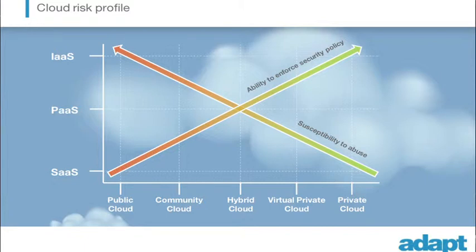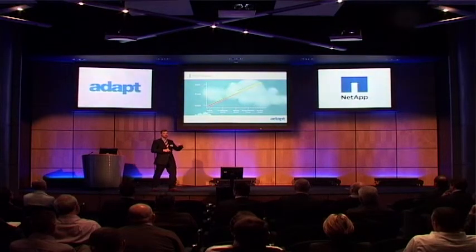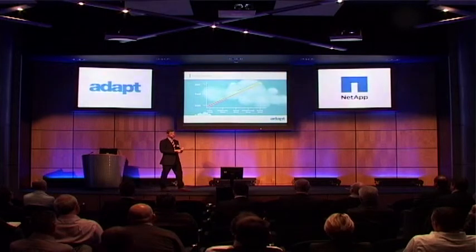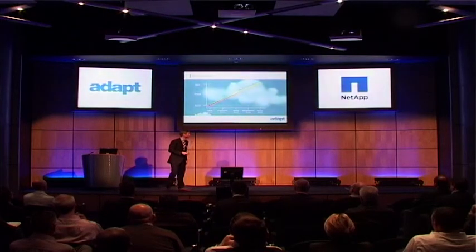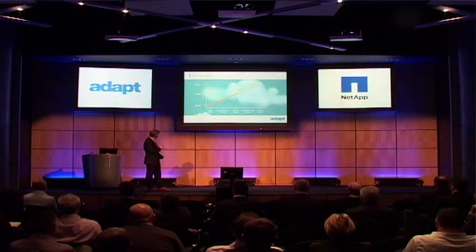Most organizations will have a pretty refined set of requirements which says you are allowed to do X, Y, and Z, and you're absolutely not allowed to do A, B, and C. If we move from the public to the private cloud, from software as a service to infrastructure as a service, our ability to enforce our security policy on our platform of choice increases.